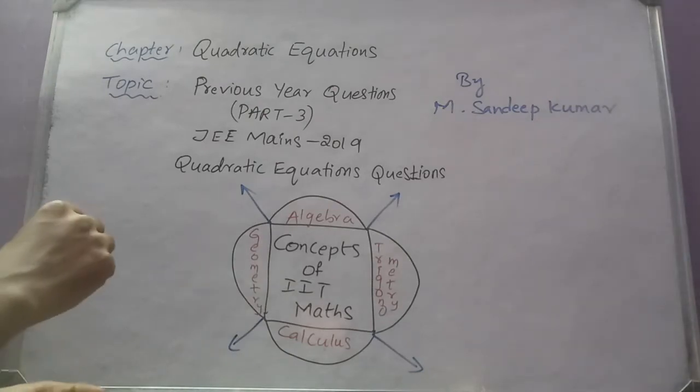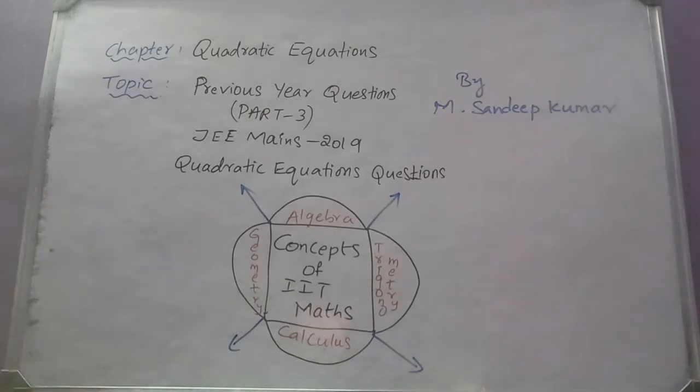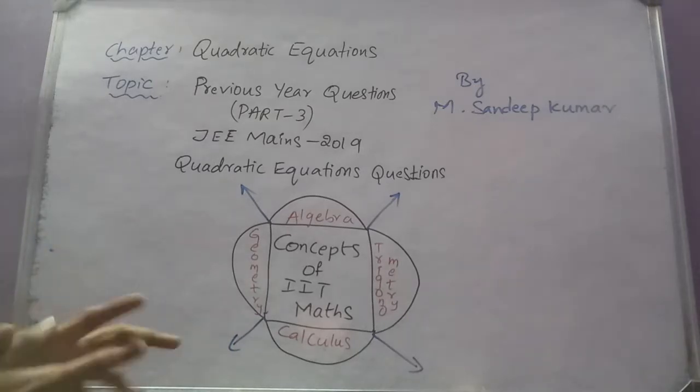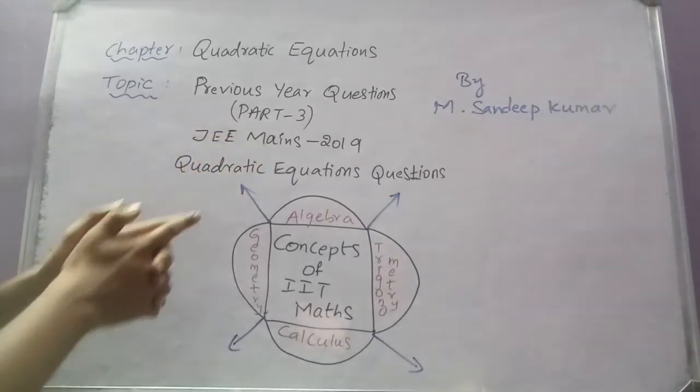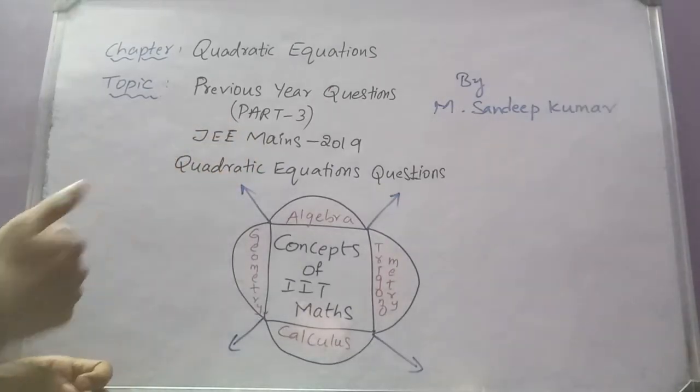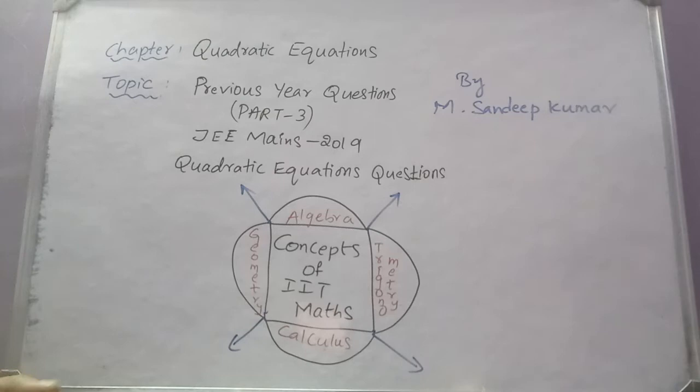Okay, now so we have collected quadratic equations questions from all those papers of different shifts, and we are discussing it here. Already we have discussed the first half of JEE Mains 2019 questions of quadratic equations in part 2, the previous video. So we are looking into the remaining questions in this present video.